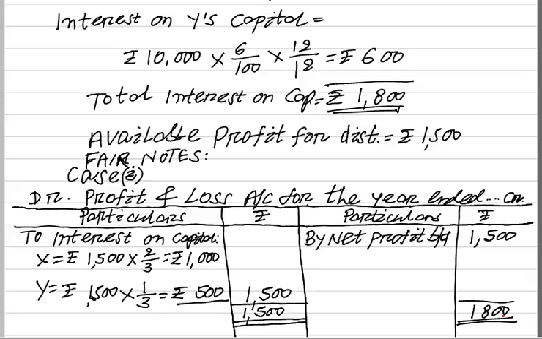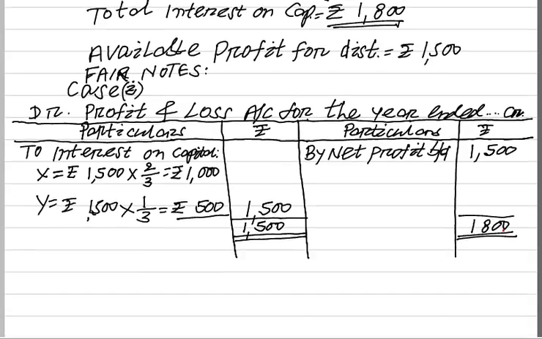Then case 2. Prepare a profit and loss appropriation account. Sorry, the first one was profit and loss appropriation account.